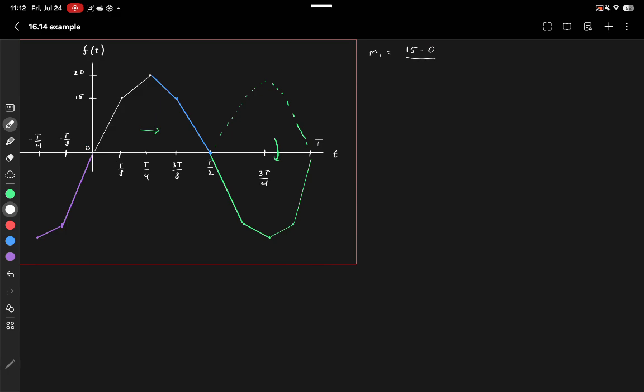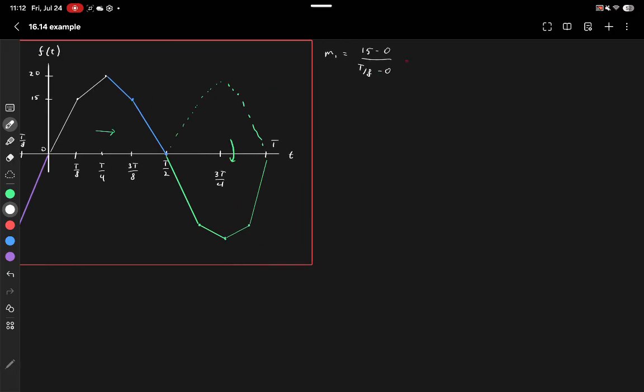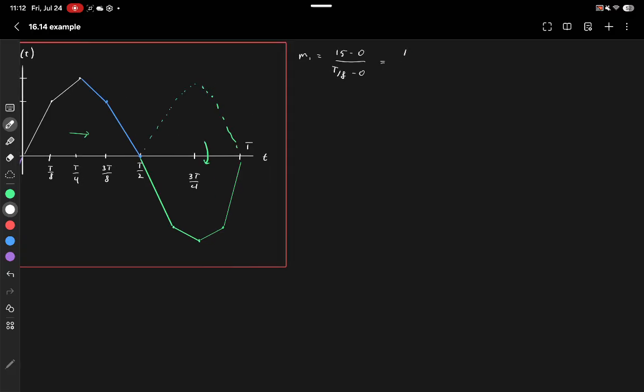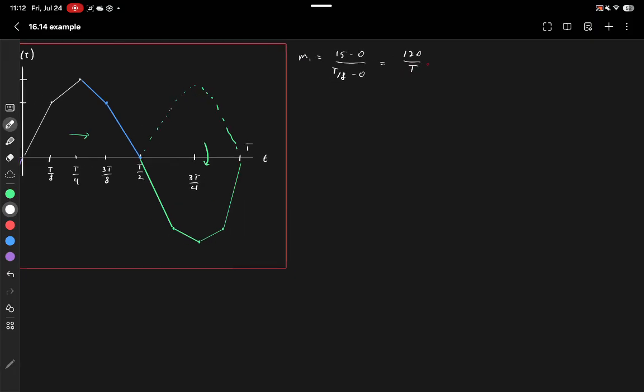And then we're going to do it for our t's. We have our T over 8, and then again, we're just 0. So that one's pretty nice. If we do that, we'll do our 8 times 15, and I believe that gives us 120 over T. Pretty nice.